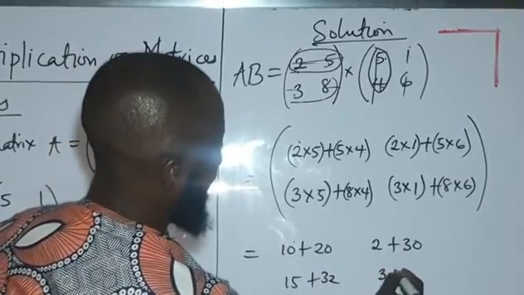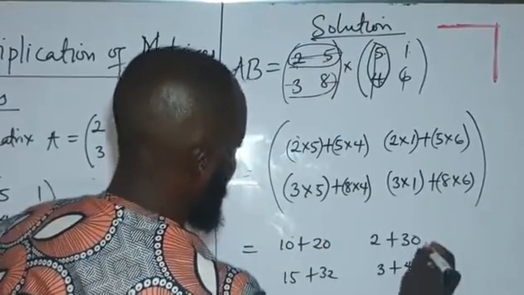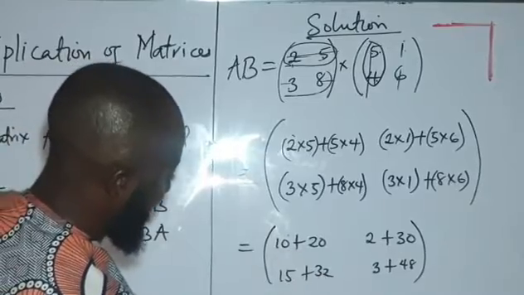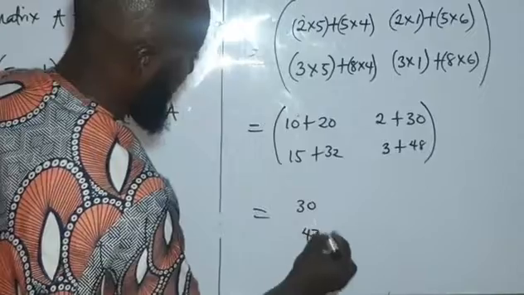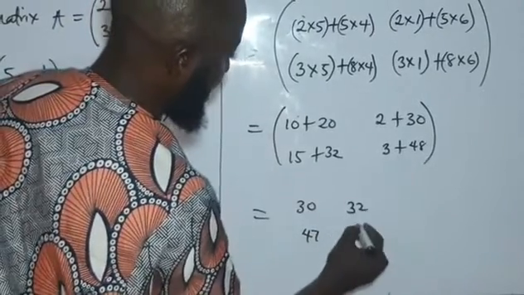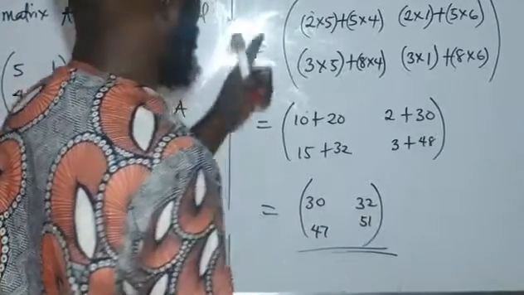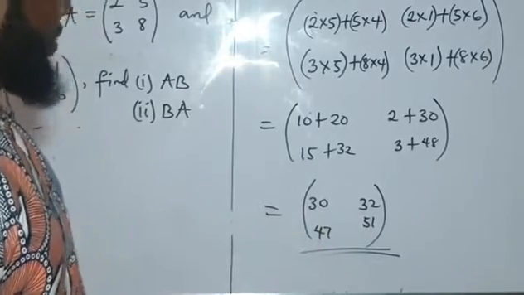Then 3 plus 48. Hope I'm making sense. So the last answer will be 30, this will be 47... I mean 32, 47, and 51. So that is the answer. The product of matrix A and B gives 30, 32, 47, 51.